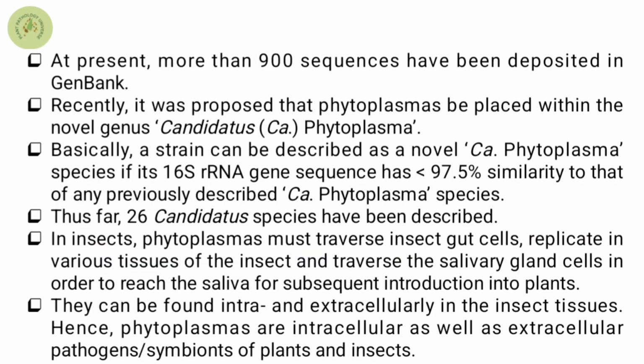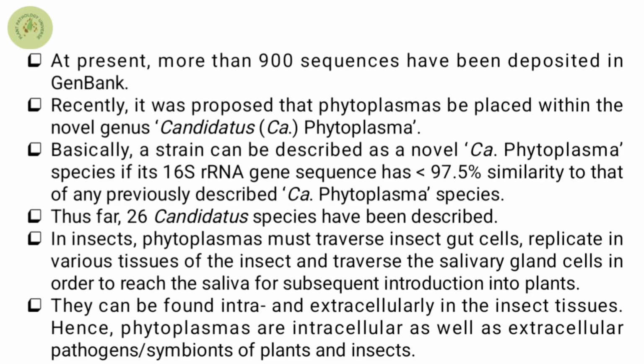Okay, so if we have to talk about the different species that we have of phytoplasmas nowadays, there are around 900 species, or you can say 900 sequences have been deposited till now at the NCBI GenBank. So right, and it is proposed that a status has been associated with your phytoplasma, that is known as candidatus.